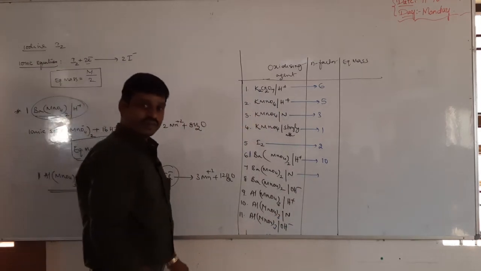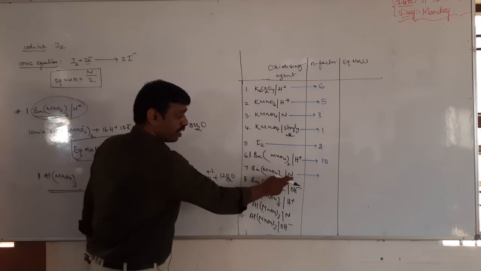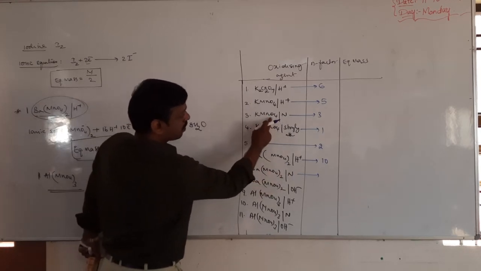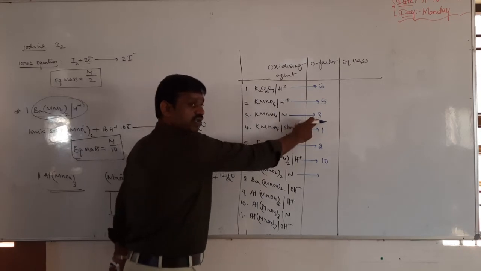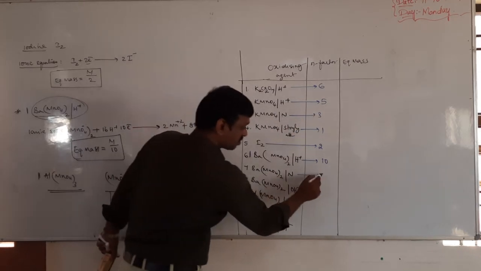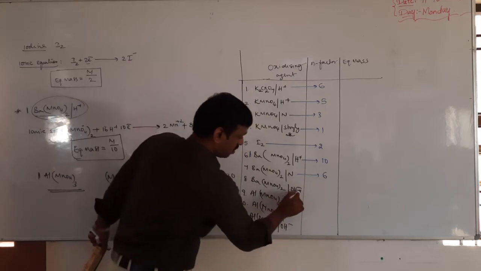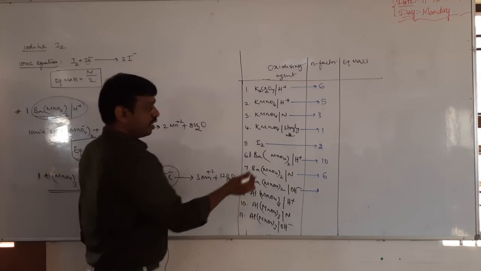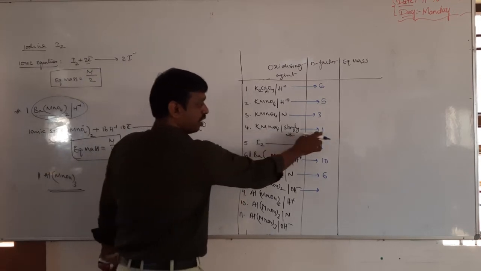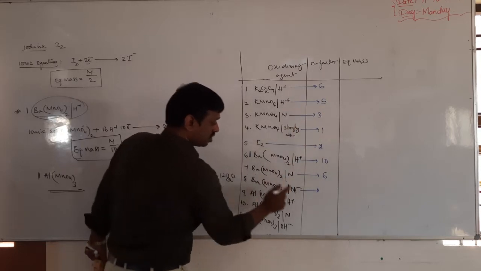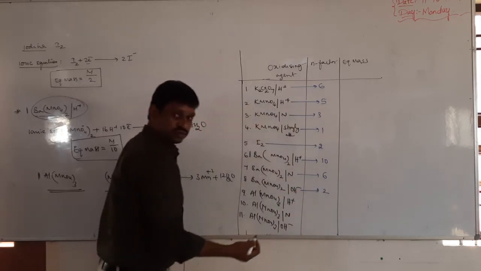In neutral medium, 1 permanganate ion gains 3 electrons. There are 2, so it means 6. In strongly alkaline medium, 1 ion takes 1 electron. Here it is 2.